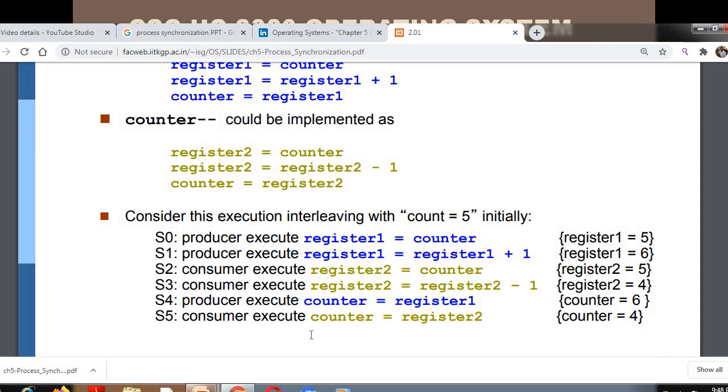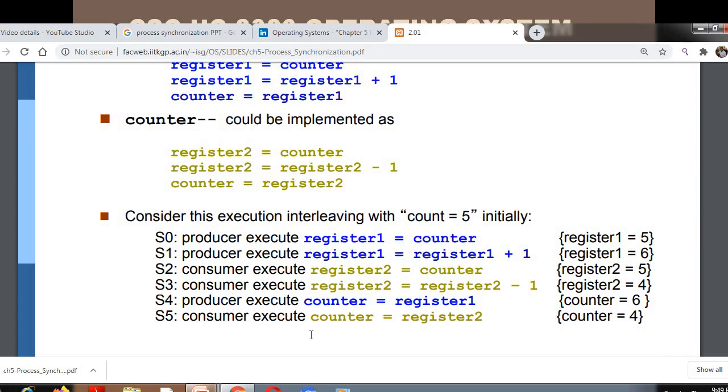S1: producer executes register1 equals register1 plus 1, so register1 equals 6. Then the consumer executes register2 equals counter, so register2 is initially 5. S3: consumer executes register2 equals register2 minus 1, so it is decremented, and register2 equals 4.